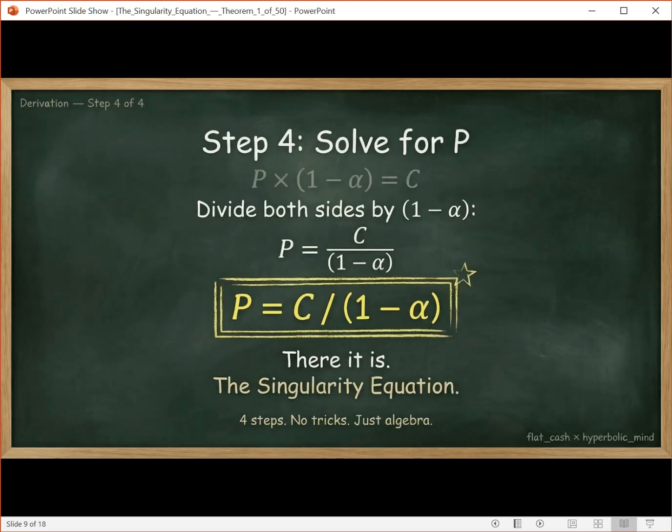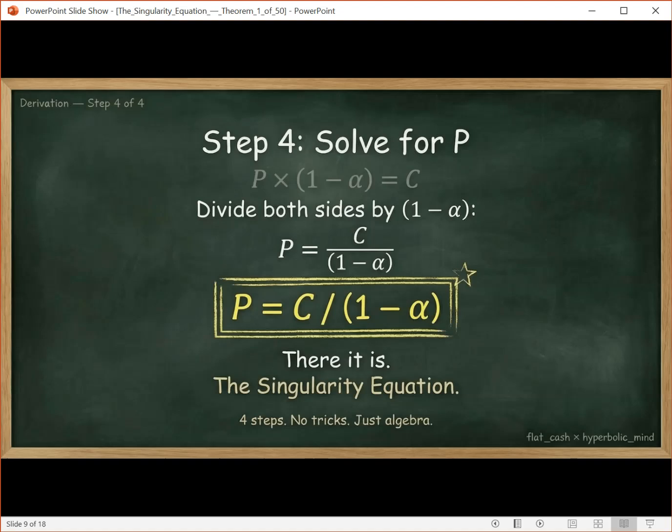Now step 4, if you solve P times 1 minus alpha equal to C, then if you divide both sides by 1 minus alpha, you get price equal to C divided by 1 minus alpha. So this is the singularity equation. Basically, what this is saying is the price of this token is directly dependent on the value of alpha.